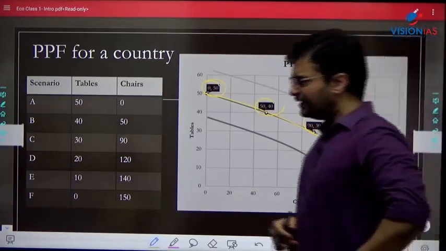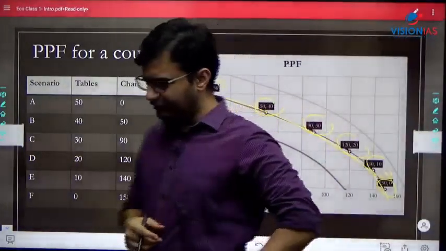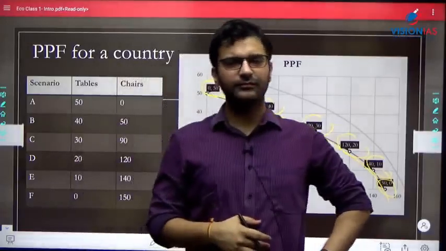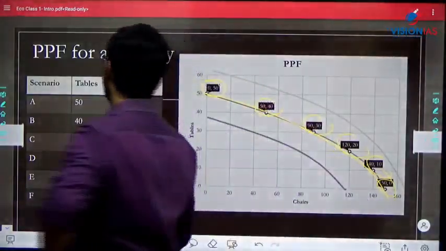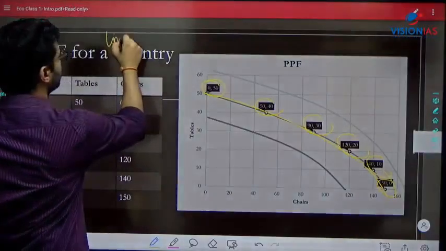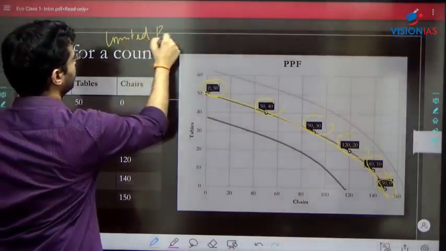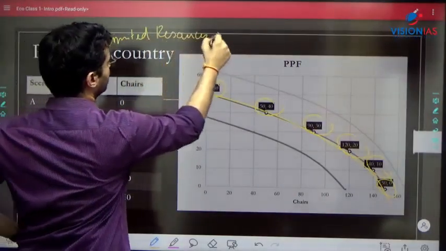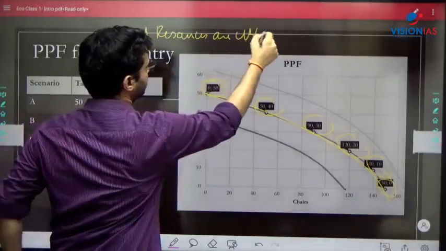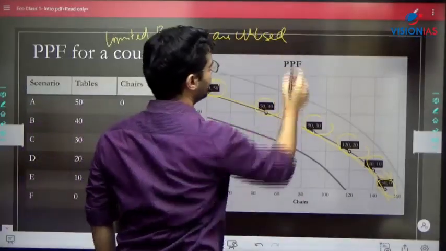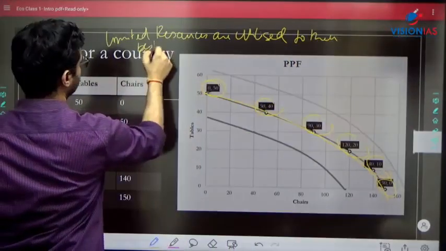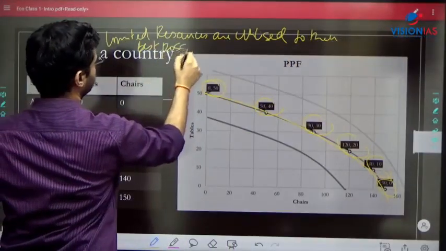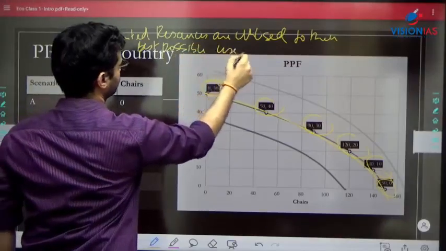Now, if you look at the production possibility curve, that PPF was based on the assumption that limited resources are utilized to their best possible use.